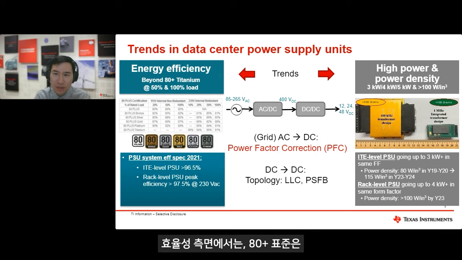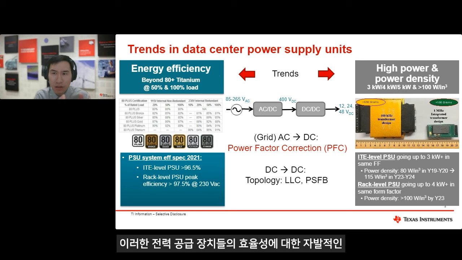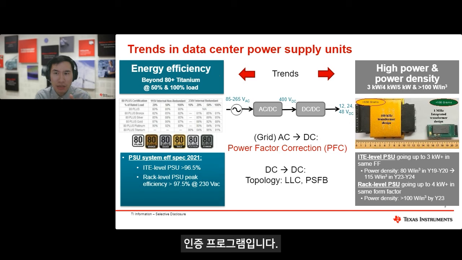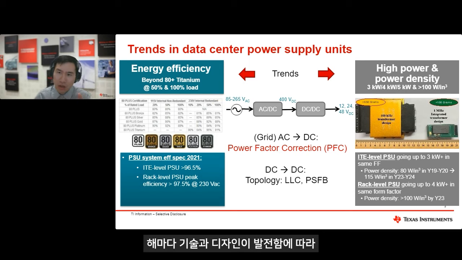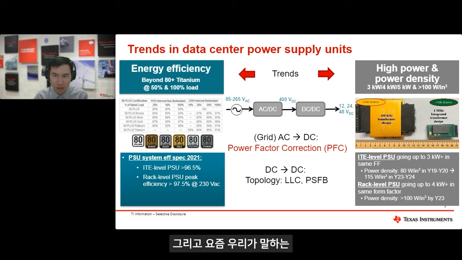On the efficiency side, the 80 Plus standard is a voluntary certification program for these power supply units about their efficiency. I think this was established around 2004. From year to year, as the technology and design grows, the grade has changed from standard to bronze to silver, and all the way to the titanium grade we are talking about these days.